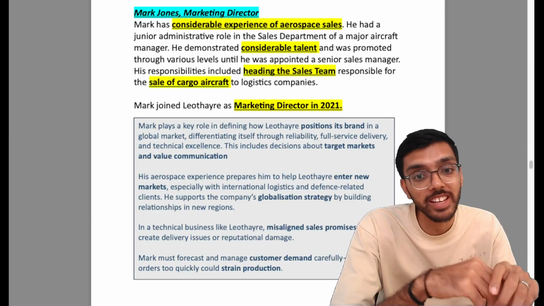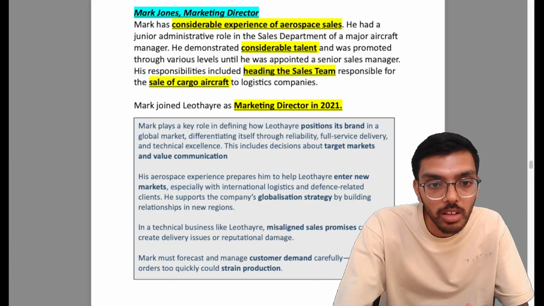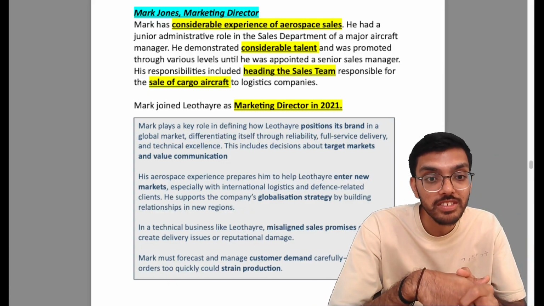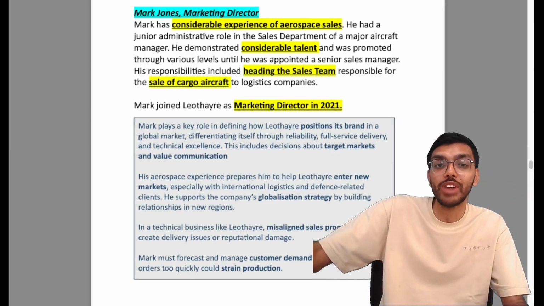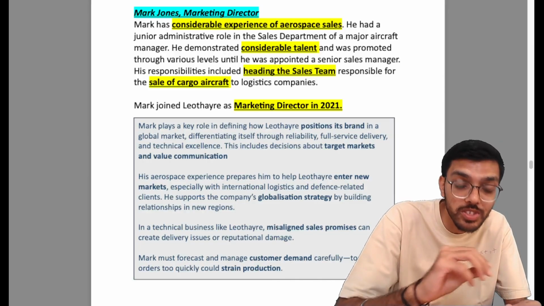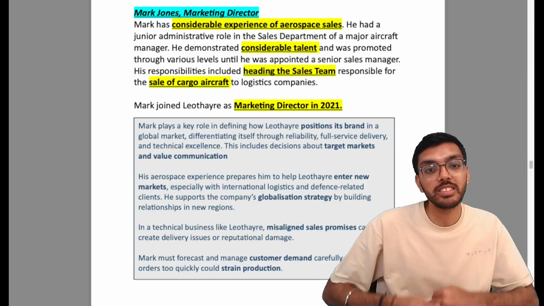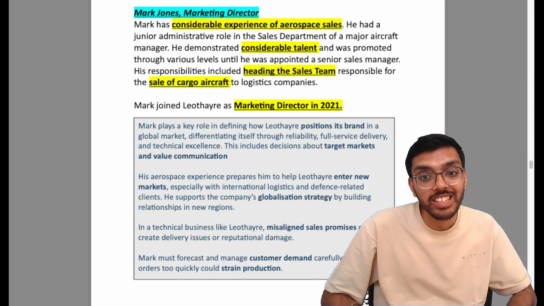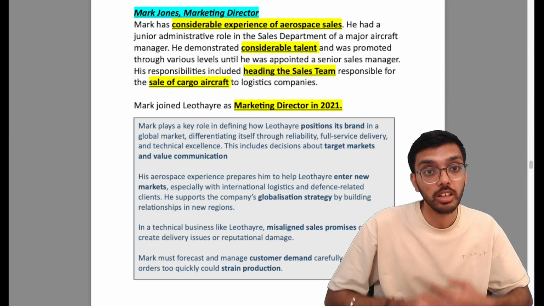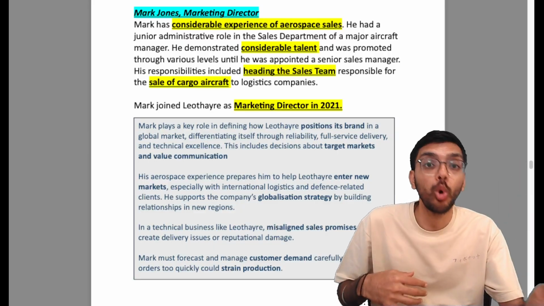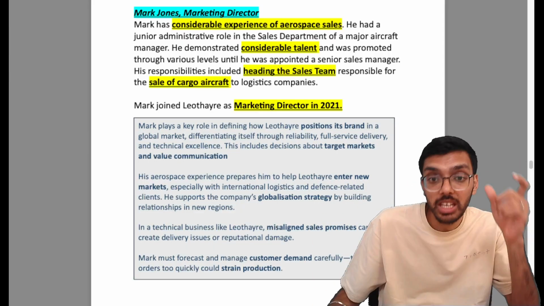So his aerospace experience prepares him to help Leothayre enter new markets, especially with international logistics and defense related clients as an expansion strategy because of his selling prowess. Let's put it that way. In a technical business like Leothayre, misaligned sales promises can cause very serious reputational damage to us. This is our core value, that we don't promise clients what we can't deliver. So his role will be important in that.